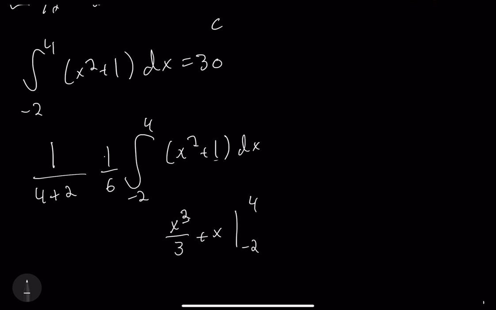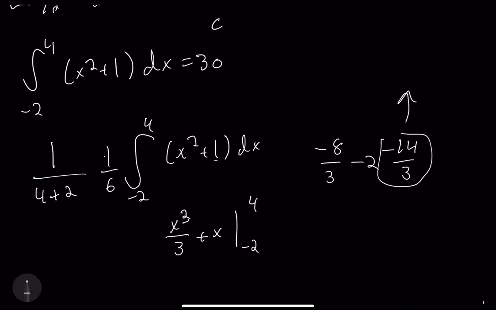So now you have -8 over 3 minus 2, which is going to be 8 plus 6 over 3, which is 14 over 3 for your -2.